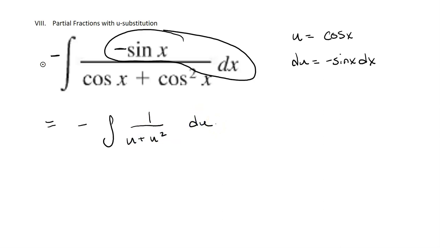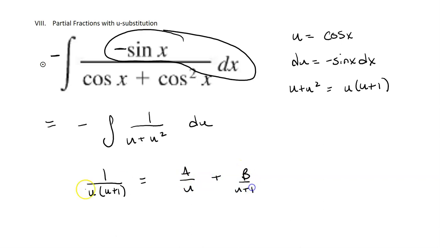And this is something that we can integrate using the partial fractions method, because u plus u squared is equal to u times u plus 1. So the partial fraction decomposition of 1 over u times u plus 1, or u times 1 plus u if you keep it in that format, either way, would be a over u plus b over u plus 1, because both of those are linear.